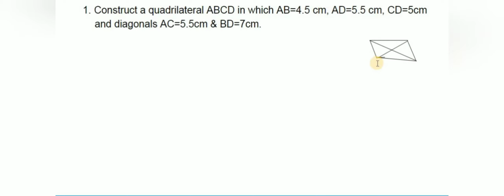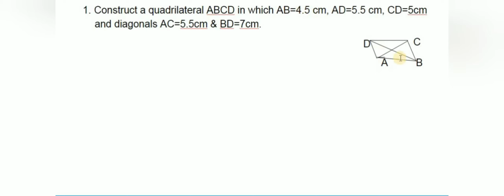I am taking first A, and this side is B, and this is C, and finally D comes here. This is the rough sketch of quadrilateral ABCD.